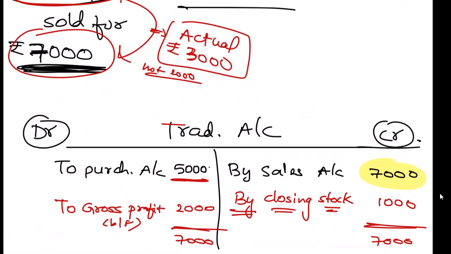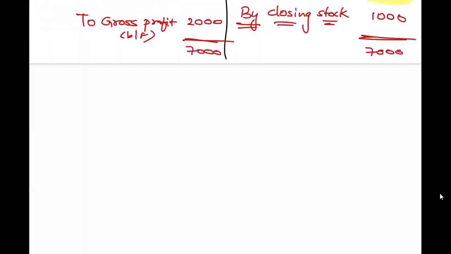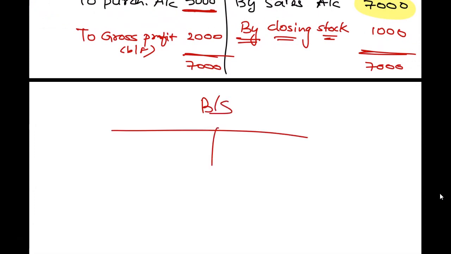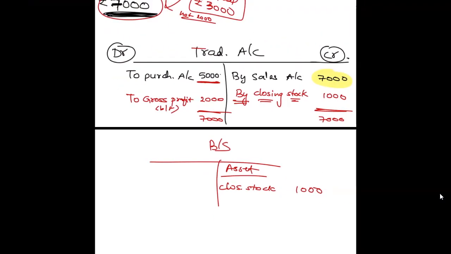And where it will go? It will go to my balance sheet as an asset. I will write the closing stock 1000. So it will have two effects. First effect will be on your trading account on the credit side, and second effect on the asset.